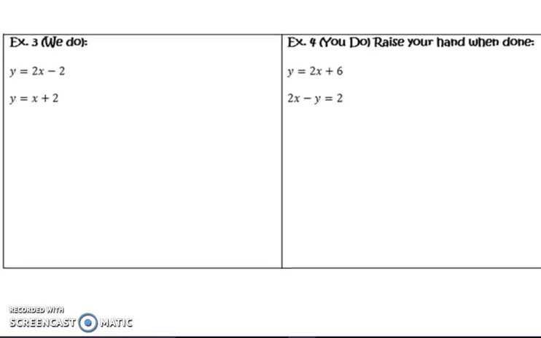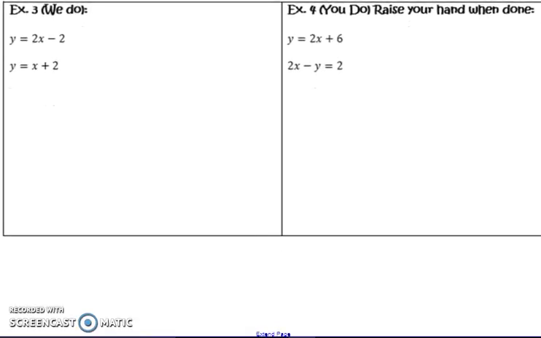If we look at our third problem, both of them are already solved for one variable. They're both in the form y equals. Since they both are y equals, that's telling me they equal the same thing. So either one of these can be replaced with the other. That means these two equations equal each other.